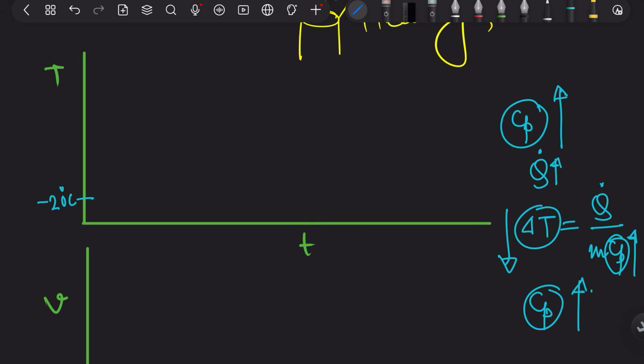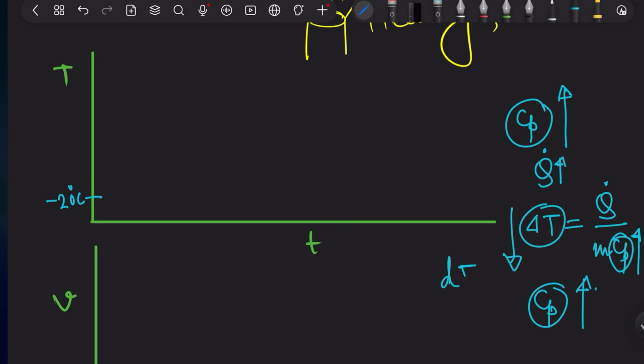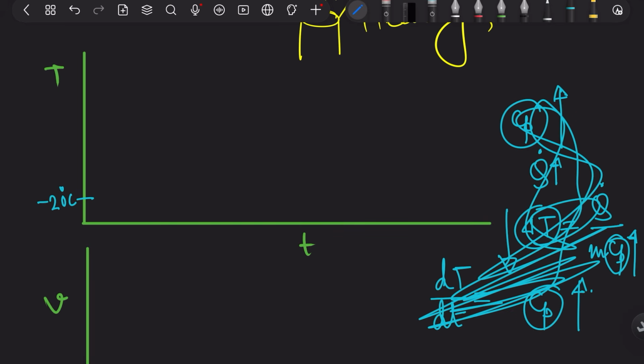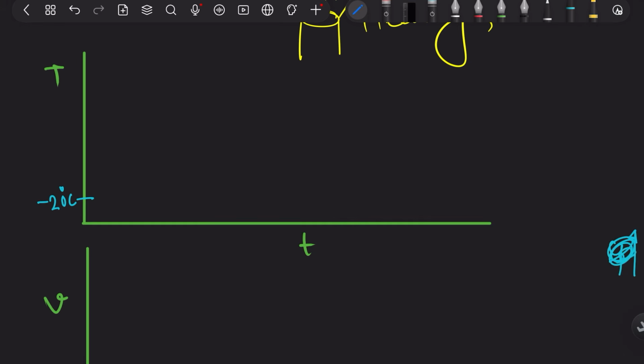So let me write the equations very clearly: dT by dt, that is the slope, is equal to Q dot, the heat rate, by mCp. So mCp dT is equal to Q dot into dt.